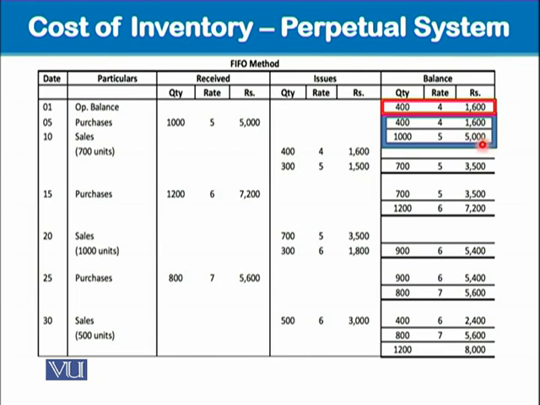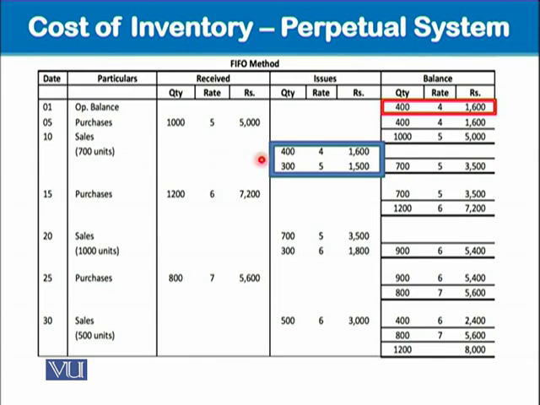Next, there is an issue of 700 units. Keep that slide in front of you and see how that 700 is worked out.